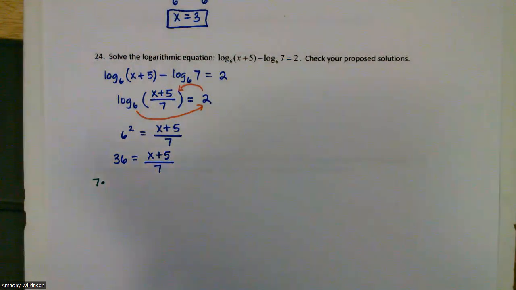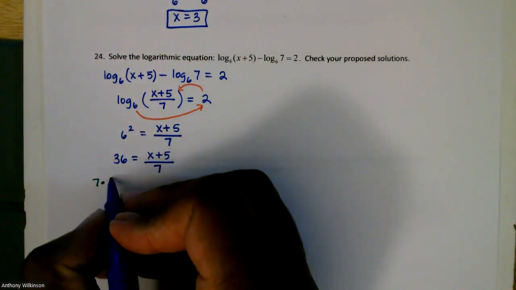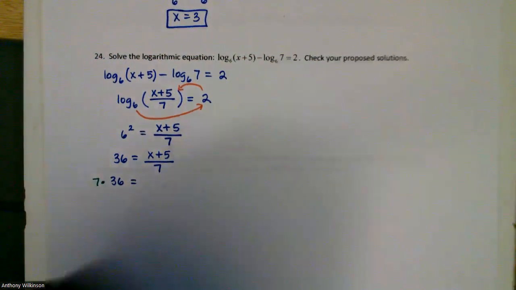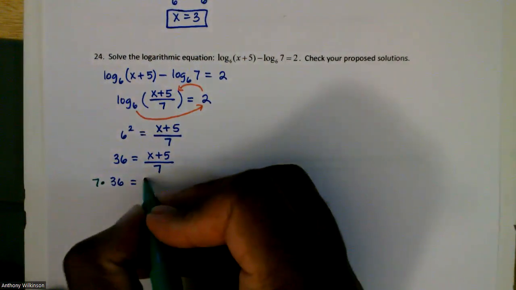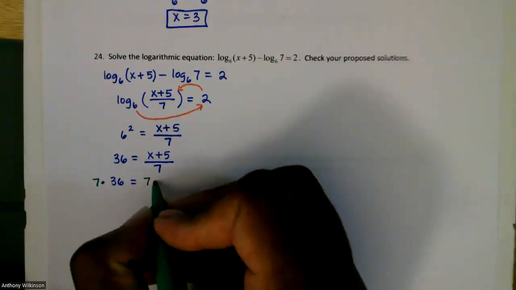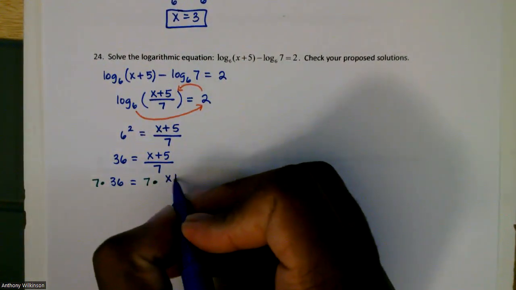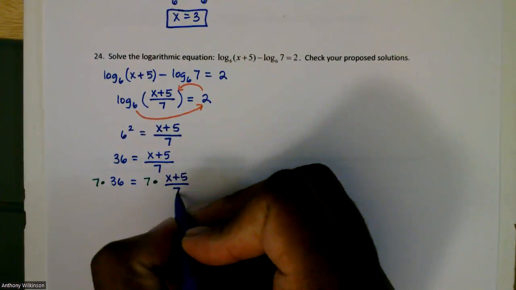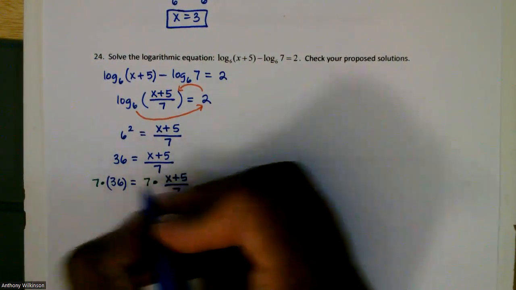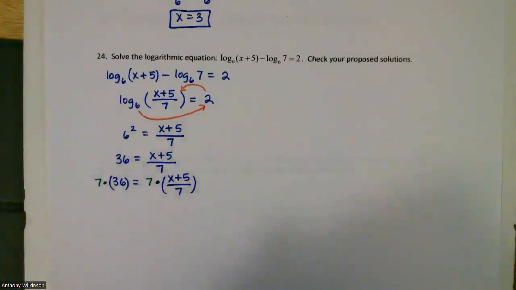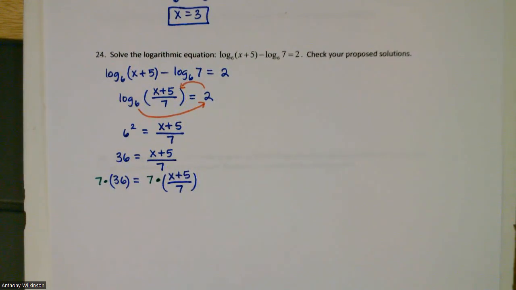So this will be 7 times 36, and that's equal to 7 times the x plus 5 over 7. I'll put this 36 and this in parentheses. Now, if I do 7 times 36, that would give me 252.